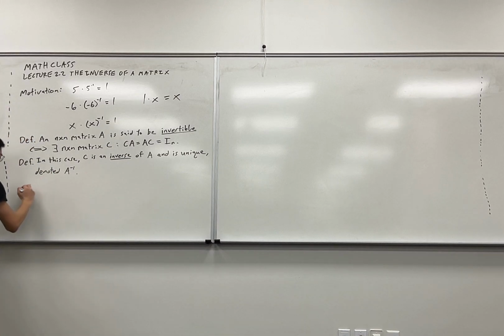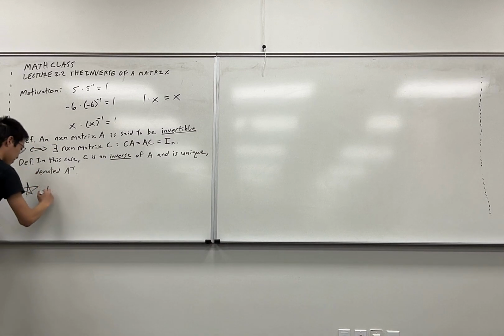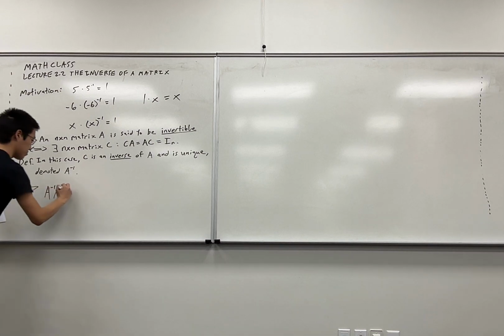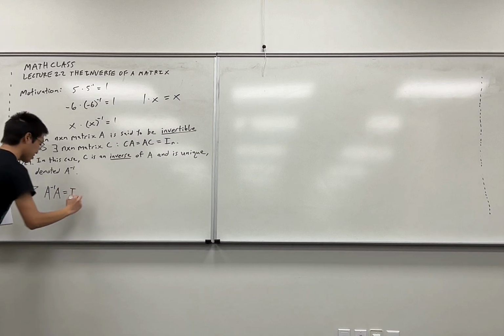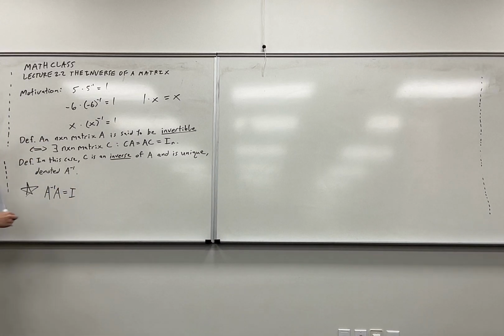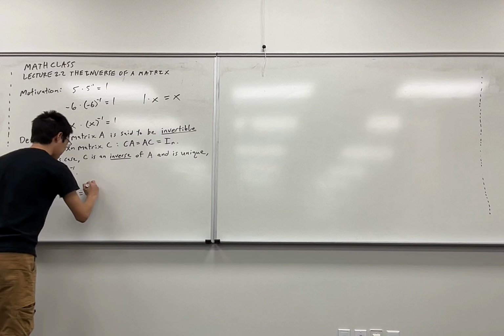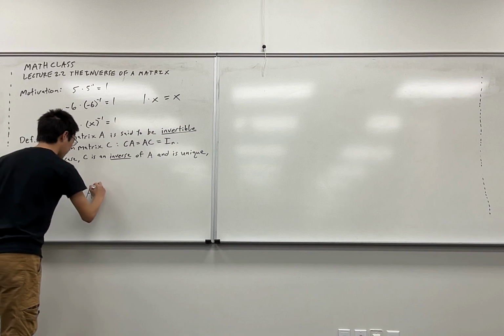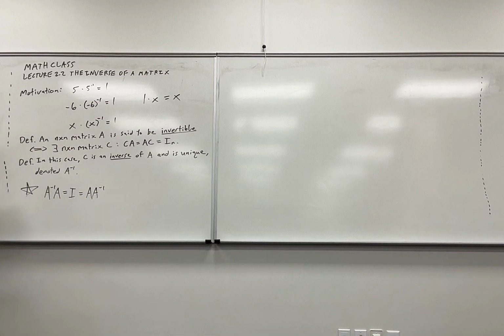So, as a matter of notation, instead of thinking about it as CA and AC, I could think about this simply as if I took the inverse of a matrix A and then multiplied it by the matrix itself, this should return me to the identity matrix. And another way I could get back to the identity matrix is if I did A and A inverse. So the order, both of them have to work. Okay.